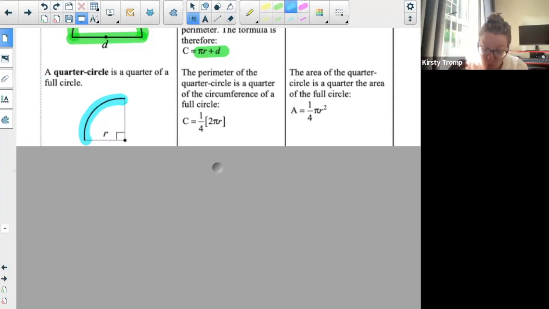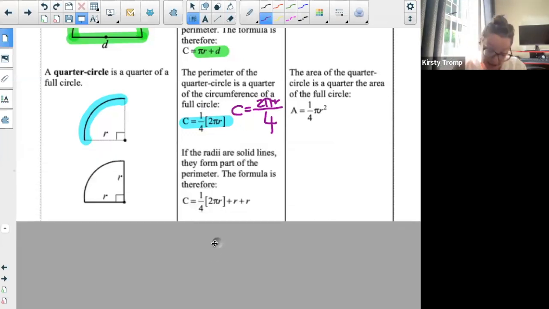We're going to say a quarter, open brackets, 2 pi r. So that's one way to do it. Or we could say circumference equals 2 pi r over 4. Either way, you would get the same answer. It means the same thing. For the area of that shape, the area is going to be a quarter times pi r squared.